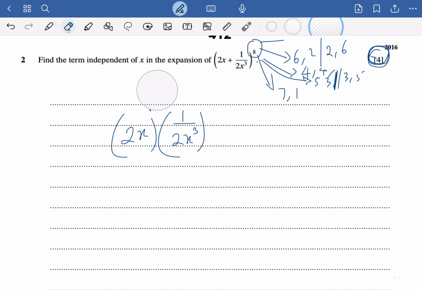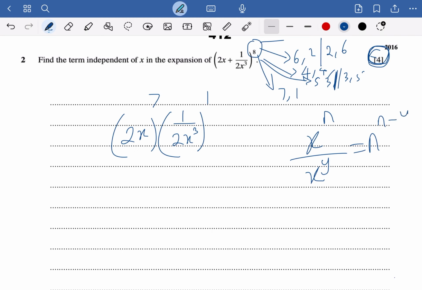Now let's think together. Let's just try some random numbers. Let's put 7 and 1. Remember, I need the term that is independent of x. Independent of x means the term where the x cancels out. There will be no x in the final expression. So let's think. If you are good with indices, remember the rule of indices: x to the power of n divided by x to the power of y is x to the power of n minus y.